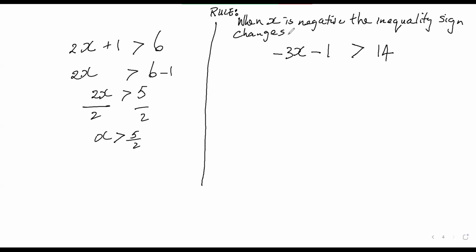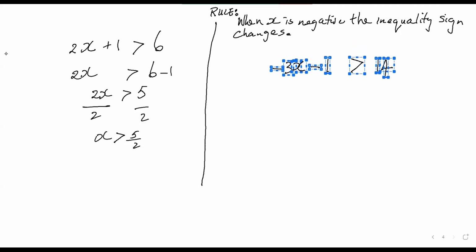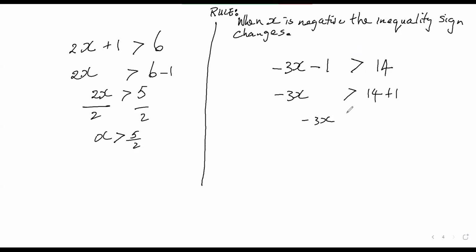Now, what do I mean by that? So here is what we're going to do. I just want to move this down a bit. All right. Okay, so let's go. We are working it again just as normal. That will be plus 1. So negative 3x is greater than 15.